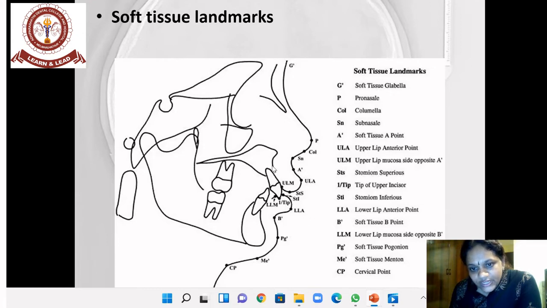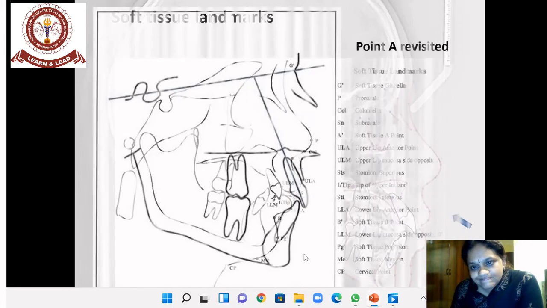The corresponding A point will be called A dash, and the corresponding B point will be called B dash, pogonion dash, menton dash, and gnathion dash. These are the respective corresponding soft tissue landmarks.